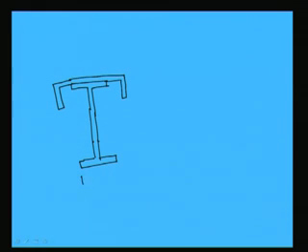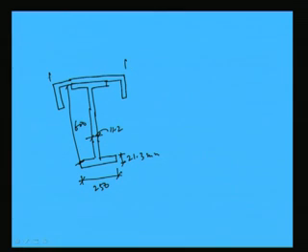Now, we know all the dimensions of the I section as well as the channel section. So, this is 250 and this is the thickness of the flange, given 21.3 mm, and then the thickness of the web also is given, that is 11.2 mm, right, and this total distance is 600 mm, right, and this is 300 mm.